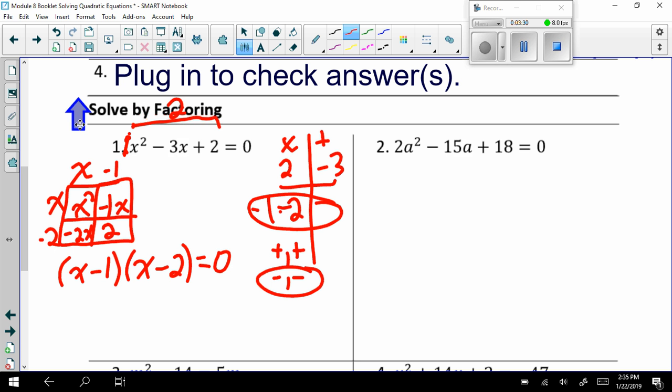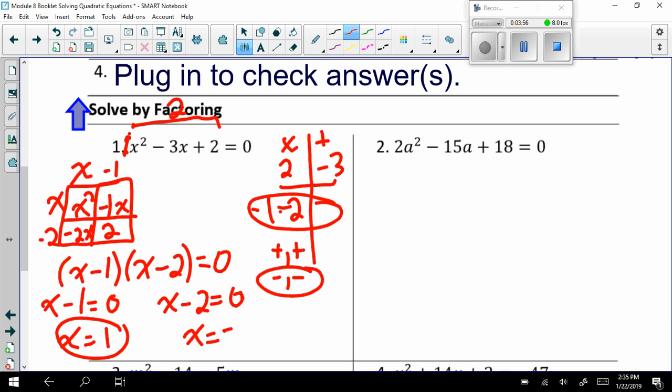But I'm not done. I now need to solve. So now I'm going to use my zero product property. So I've got x minus 1 times x minus 2 equals 0. So I know one or the other must be 0. So either x minus 1 equals 0 or x minus 2 equals 0. Solving those equations, adding 1 to both sides, there's my first solution.